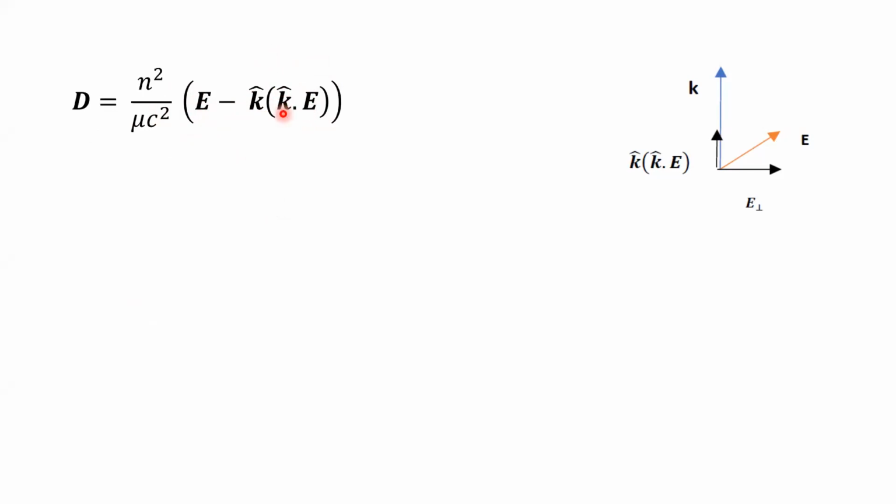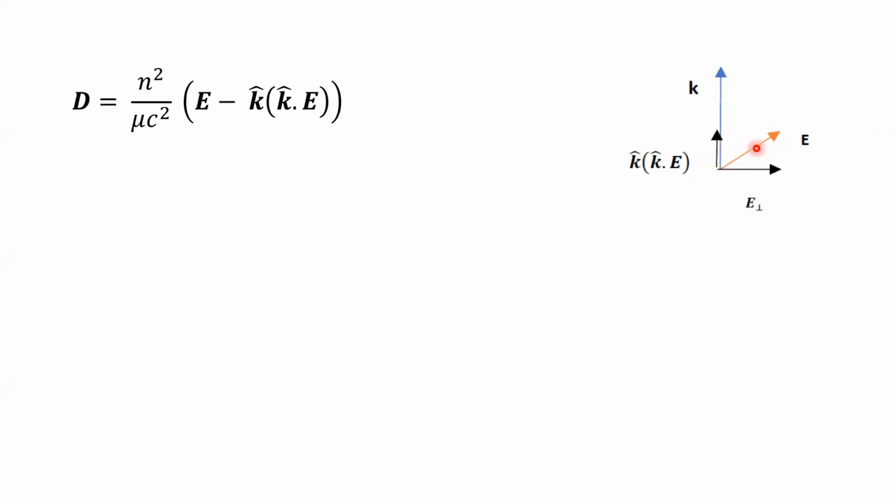A is a unit vector. And then you're multiplying that projection with the unit vector along K. So this is what we're showing here in this diagram. We have vector K. We have some E in some direction. What we can do is break up E into two parts, so that E is the sum of this vector and this vector.